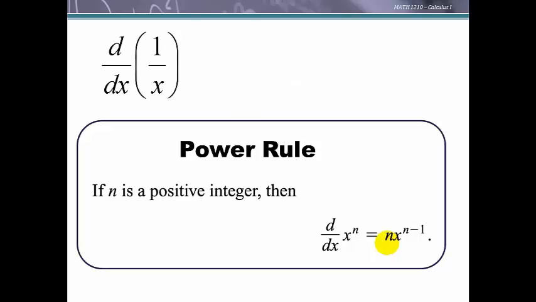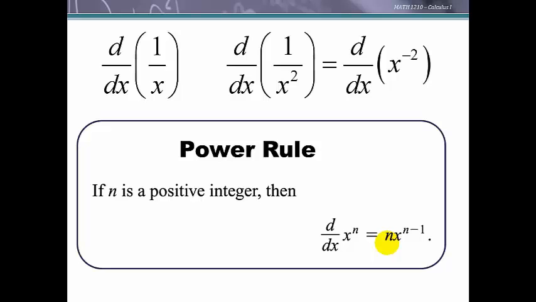So power rule: power out in front, and then x to the one smaller power, so to the n minus 1 power. It turns out if I needed the derivative of 1 over x or 1 over x squared, we know that we can express these in terms of a negative exponent. So this one I could write as x to the negative 1, this one as x to the negative 2, and it turns out the power rule applies whether the exponent is positive or negative.